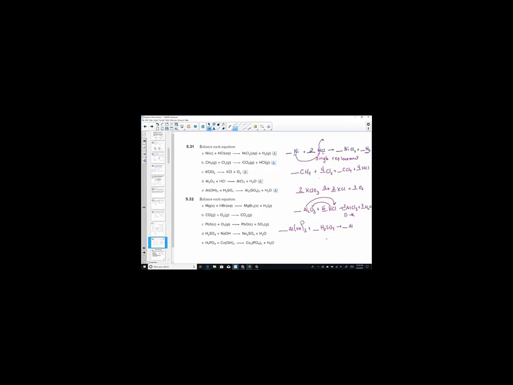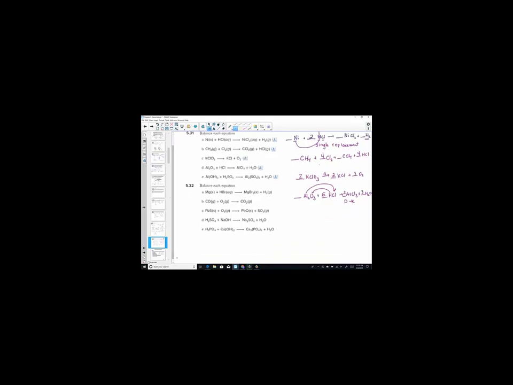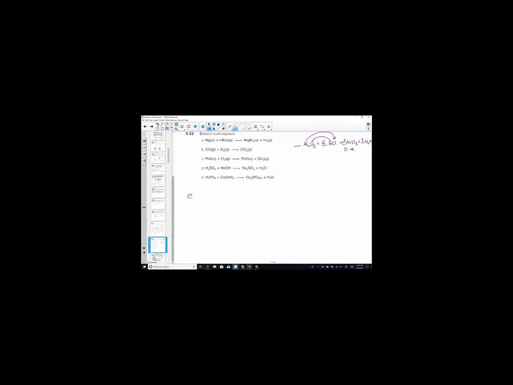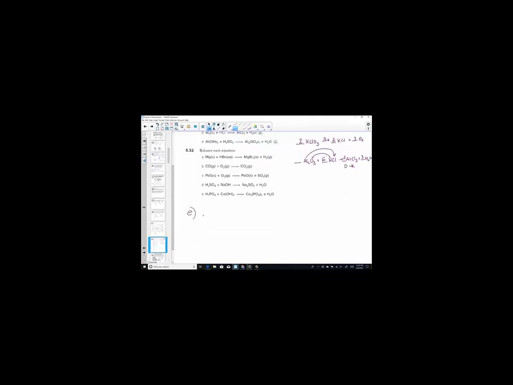You know what? I'm going to give myself a little more room for this one, and I'm going to show you a trick. I'm going to rewrite letter E down here where I have some space. This is what I want to do. I want to write aluminum hydroxide plus H2SO4 yields aluminum sulfate.